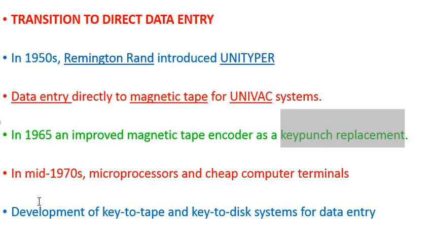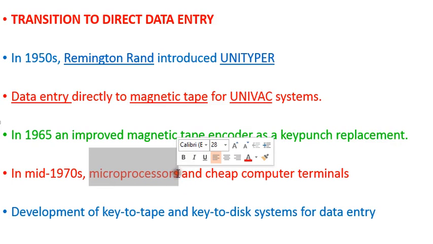So as we were saying, gentlemen, as the microprocessors came into existence in the midst of the 1970s, we have a complete transformation in such a way that we have different devices that can be used for entering the data into the computer. Things like this flash drive, like CDs, DVDs, and what have you.